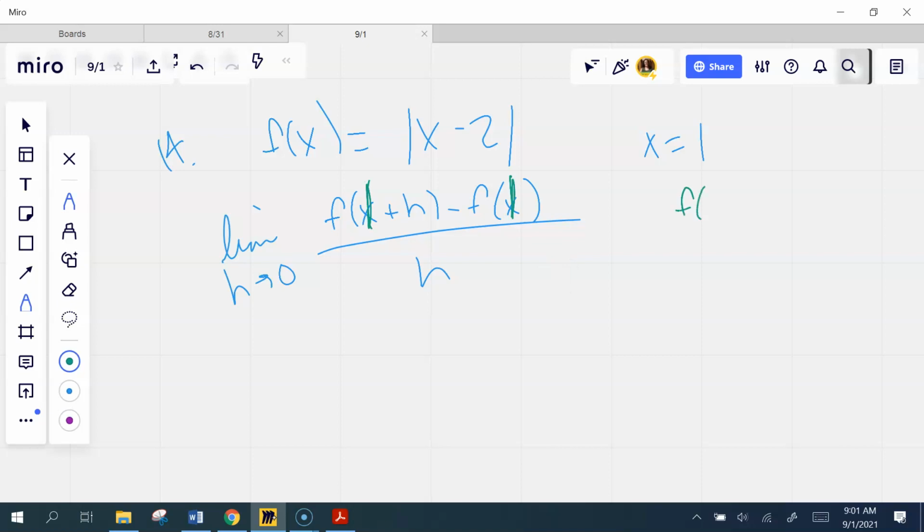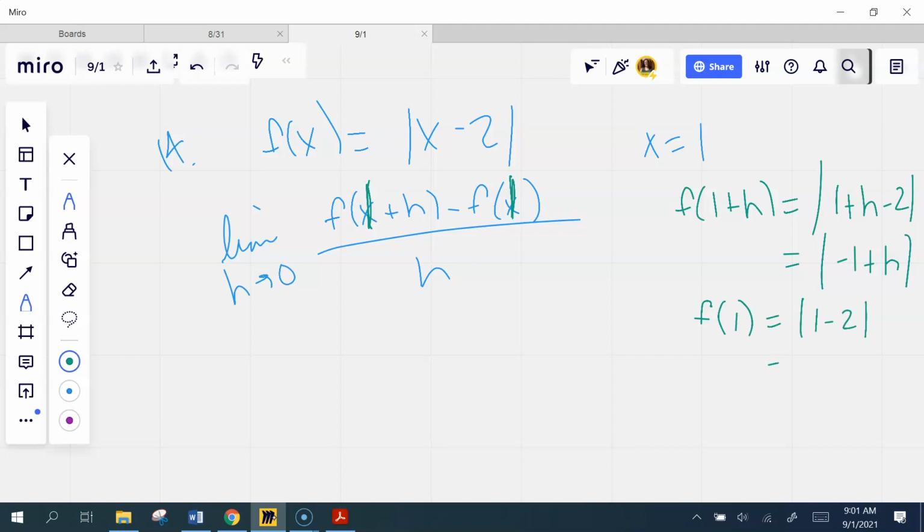So f of 1 plus h is going to be 1 plus h minus 2, which is going to be negative 1 plus h. Are you okay there? And f of 1 is going to be... yes? So this becomes the limit as h goes to 0 of negative 1 plus h minus 1 over h.